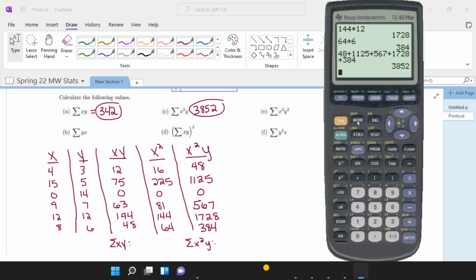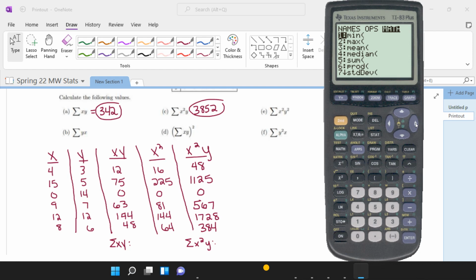Okay, so now what I want to do is, let me see, I have to remember how to do this here. There it is. Okay. So we're going to go to second list. And then you're going to go on your right arrow over to math.